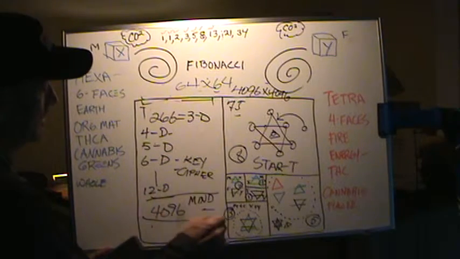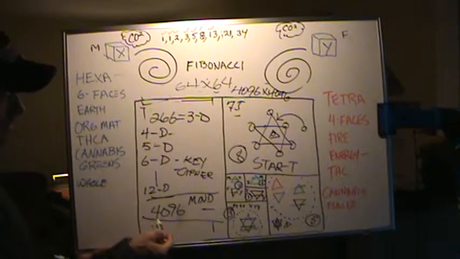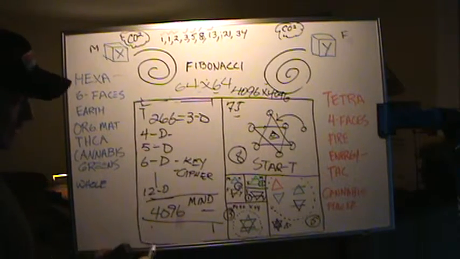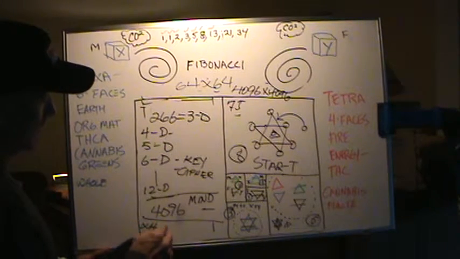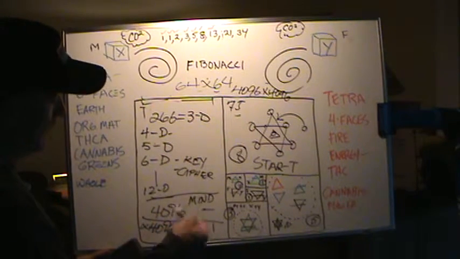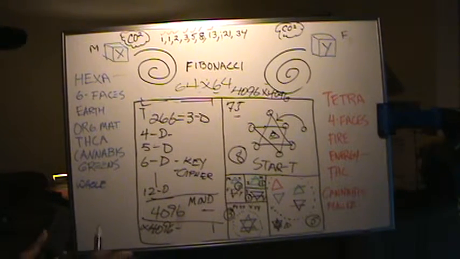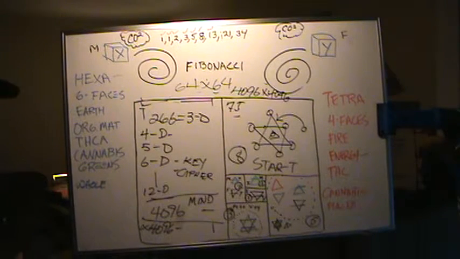Then the mind goes up to 4,096, so you've got 12 dimensions in the heart, 4,096 dimensions in the mind, beyond, and then potentially 4,096 times 4,096, whatever that number is. I mean, it's a crazy number. Anyway, that's how all this stuff goes beyond.